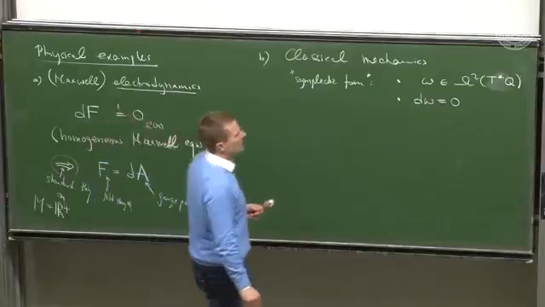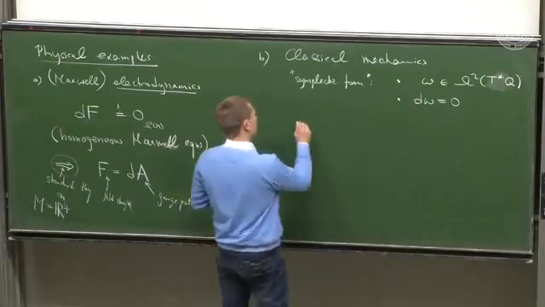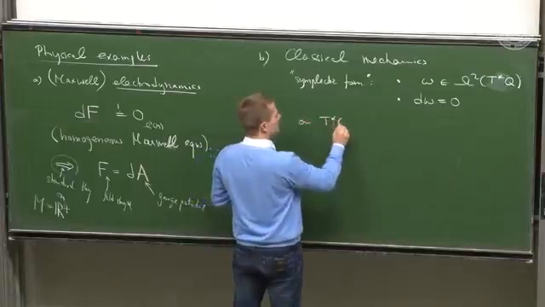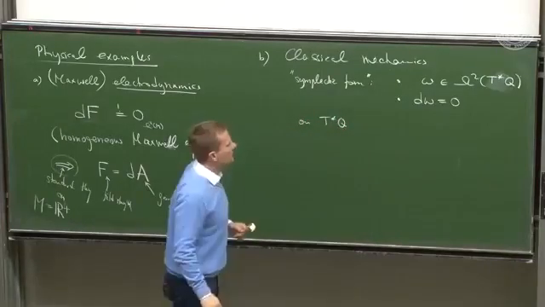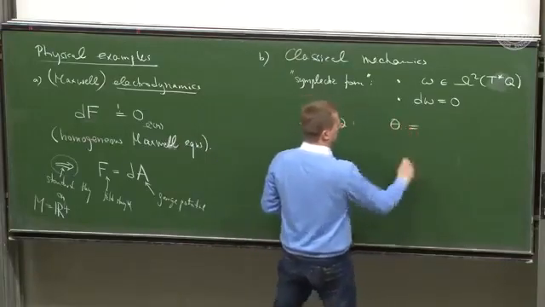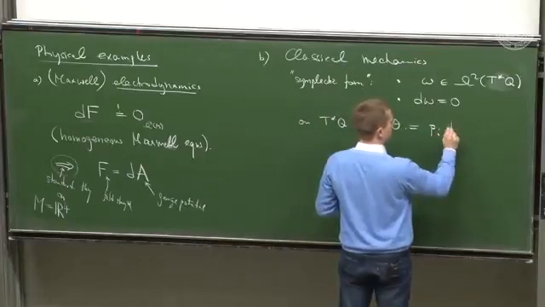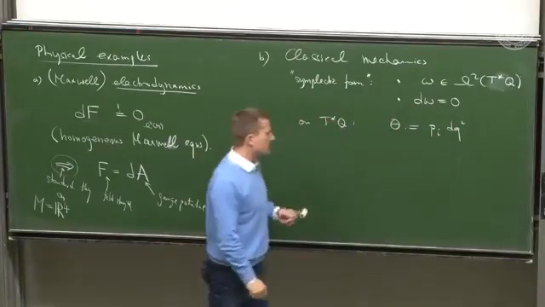Well, it turns out if you're here on the cotangent bundle, this is always true because on T star Q, you can always write down a theta, and this theta has the form p_i dq^i. What are p_i and dq^i?